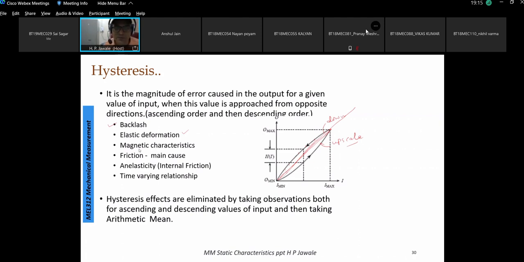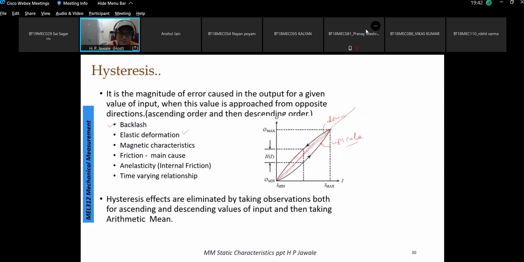The similar thing can be seen in the magnetic characteristics. I think you have gone through this in electrical engineering in your earlier studies, even in the 12th standard or so on. Then there can be friction. We know that the friction at rest, starting from rest, is generally higher than the friction between two parts which are already in motion, right? So this friction can also be a cause for this.